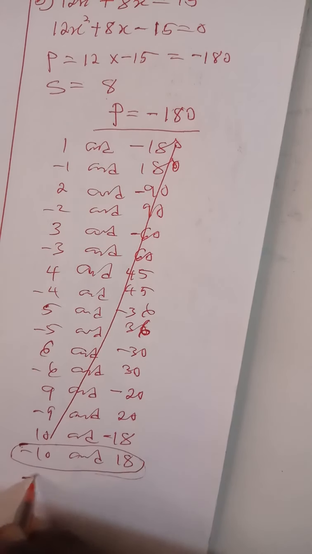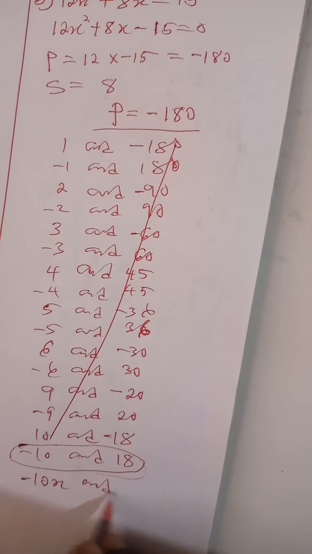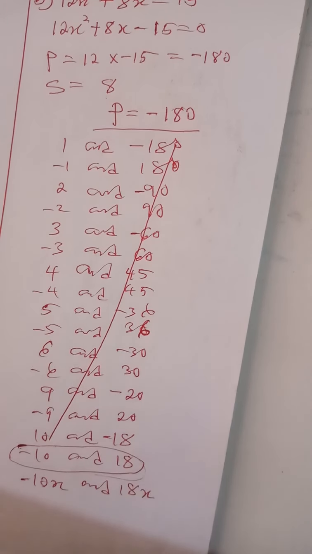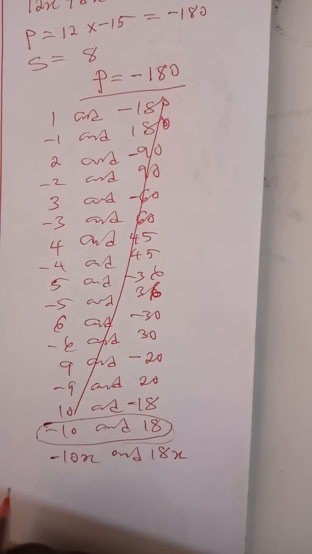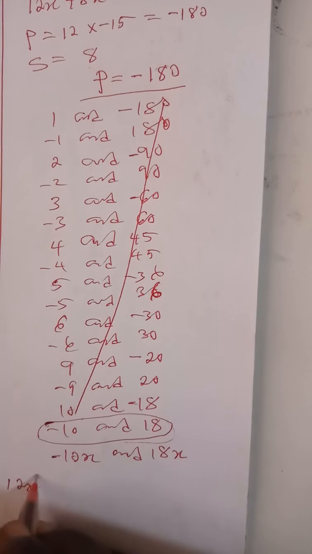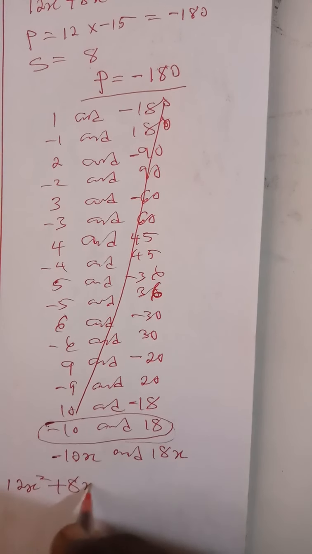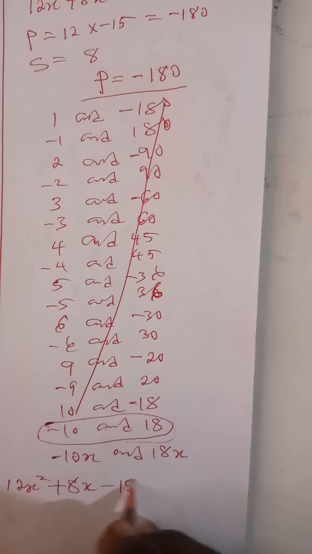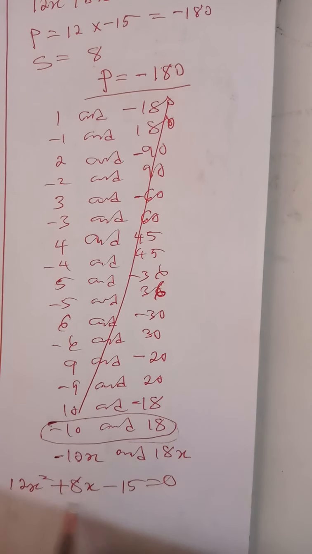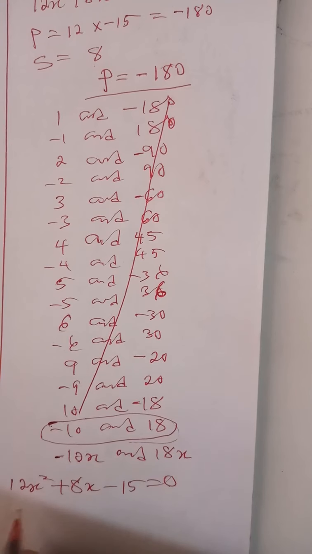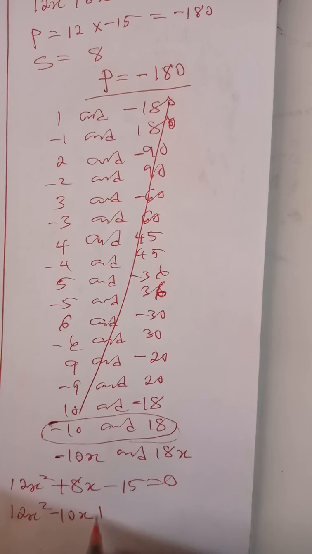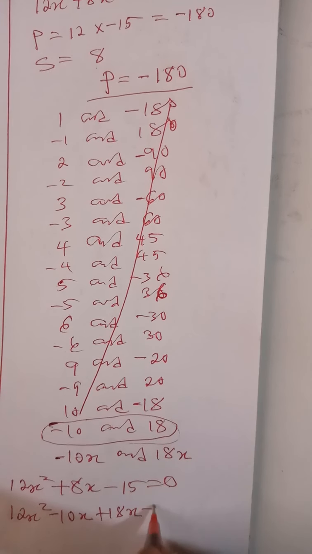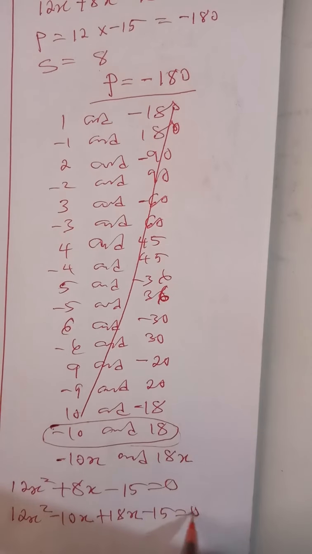So I have minus 10x and 18x. Simple. So I take the equation 12x squared plus 8x minus 15 is equal to 0. Now I can replace 8x by these two new terms. So I have 12x squared minus 10x plus 18x minus 15 is equal to 0.